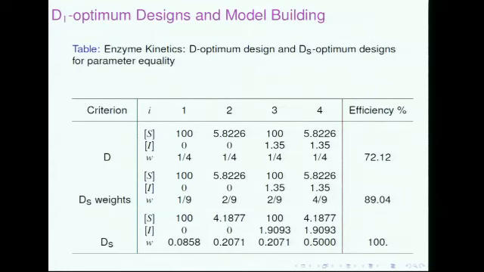So this is the D optimum design for all 4 parameters in that model. This is the DS optimum design using these support points, just for finding delta, and this is actually the DS optimum design. This is very curious, isn't it?